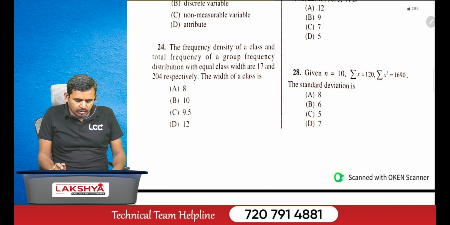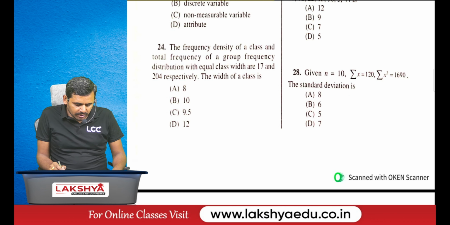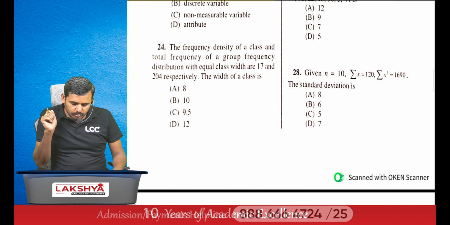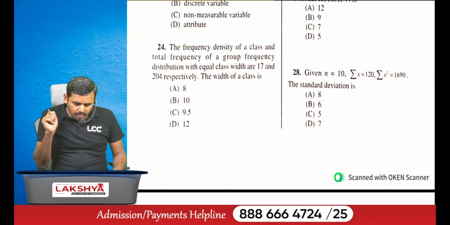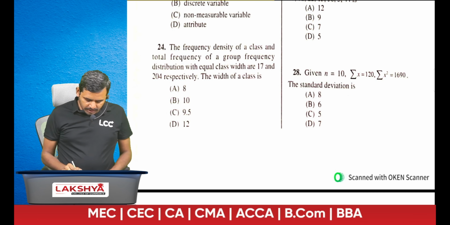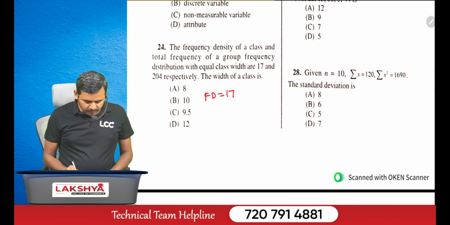Next, see the problem number 24. The frequency density of the class and total frequency of a group frequency distribution with equal class width are 17 and 204. See, the FD value is given. How much is given? 17.